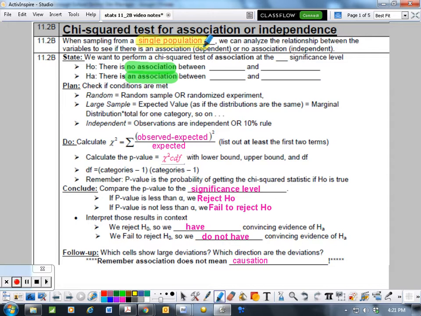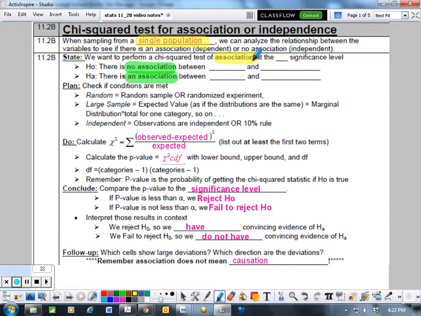So we've got two different write-ups depending on what you're really looking for. Are you looking for an association or are you looking for independence? We want to perform a chi-square test of association at whatever significance level we want. Our null hypothesis would mean that there's no association, there's no relationship between them.